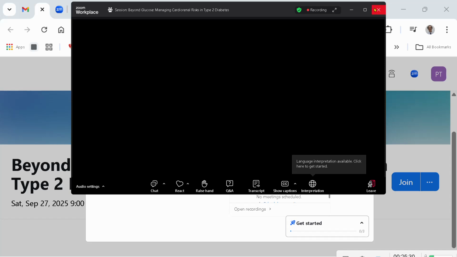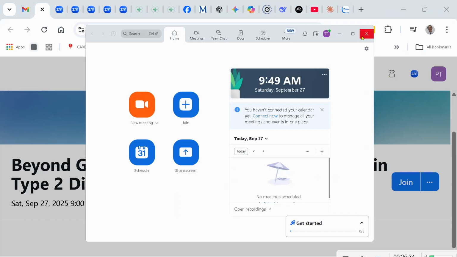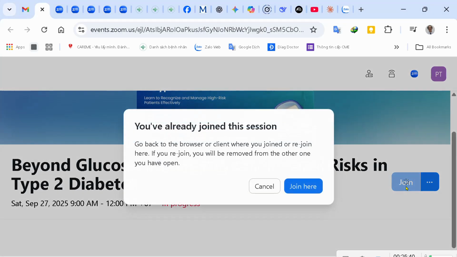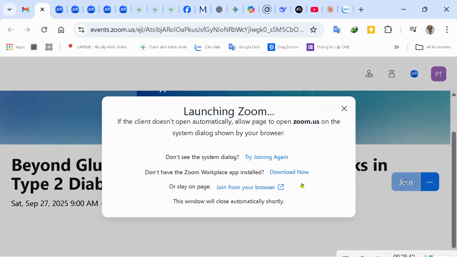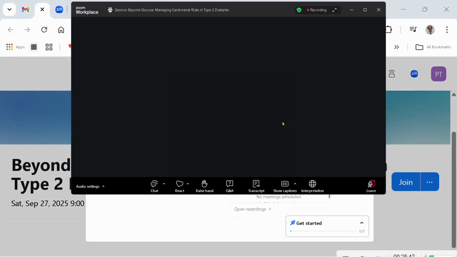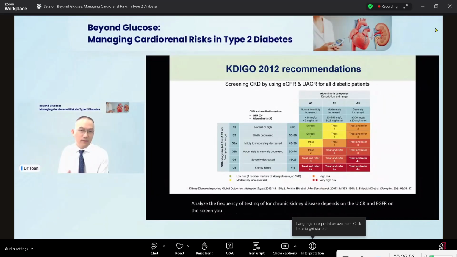And you are CKD or not. On the screen, you can see the numbers 1, 2, 3, 4, and more.